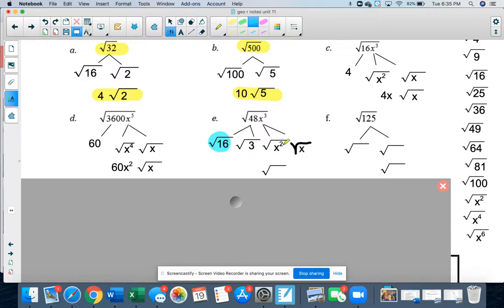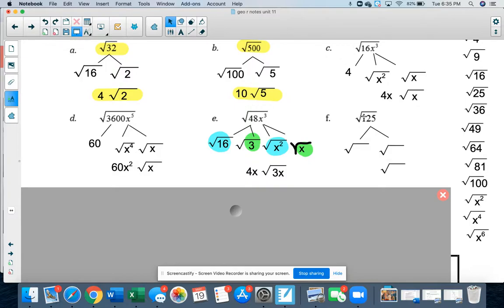This is a perfect square. This is a perfect square. The square root of 16 is 4. The square root of x squared is x. So I'm going to write 4x. The 3 and the x, those are not perfect squares, so those will stay under the radical. So it's going to be 4x radical 3x. And that's my answer. That's how I simplify.